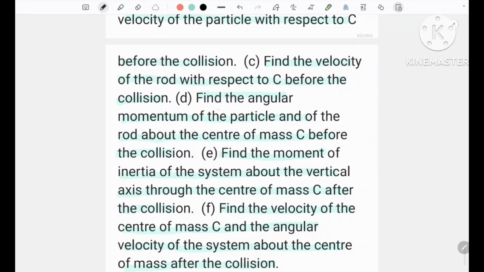Find the angular momentum of the particle and the rod about the center of mass before collision.